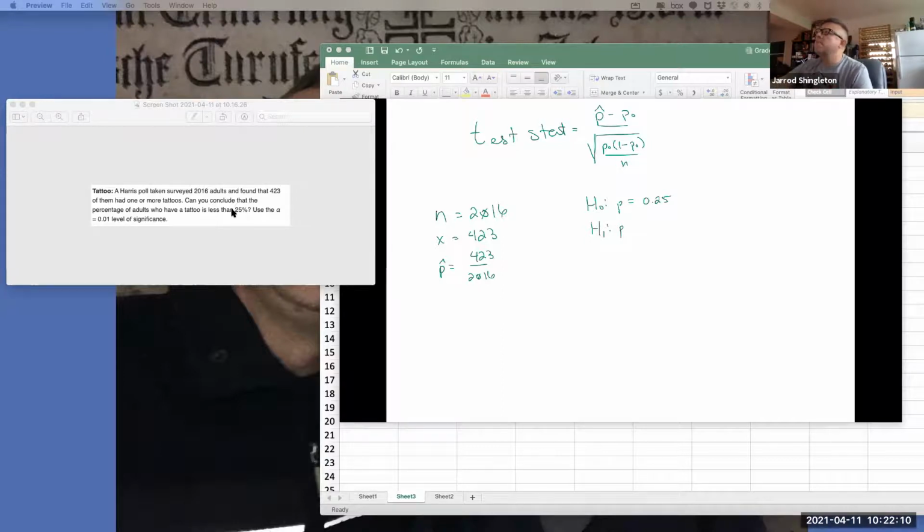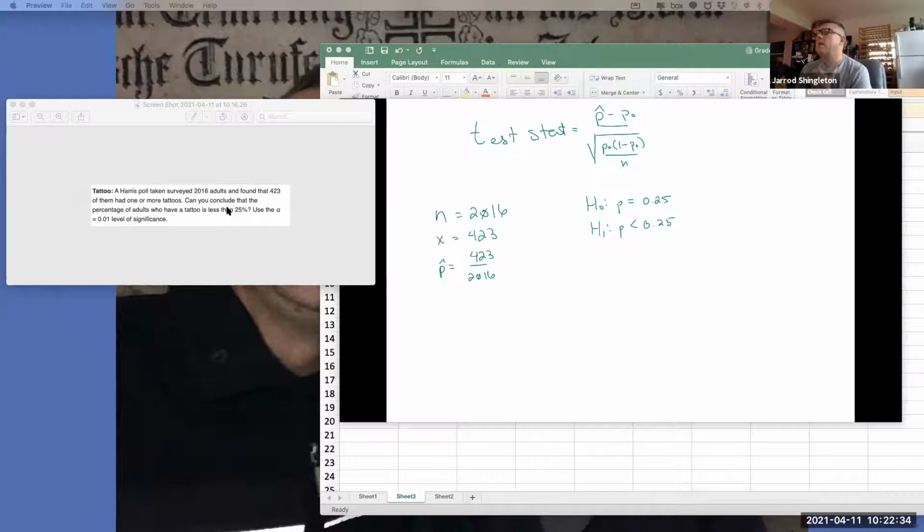What I notice is that it says less than 25%, so they are asking me for a left-tailed test. How can I tell it's left-tailed? Look at the little arrow: the less than symbol is pointing to the left. That is my easy way to tell whether it's left-tailed or right-tailed. Two-tailed is just not equal to, okay?